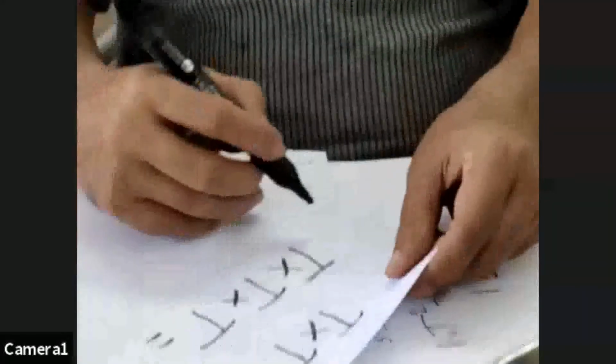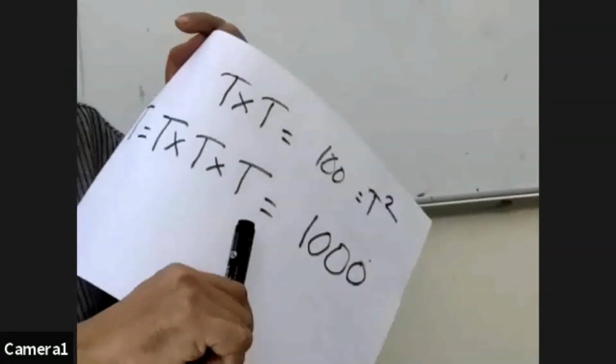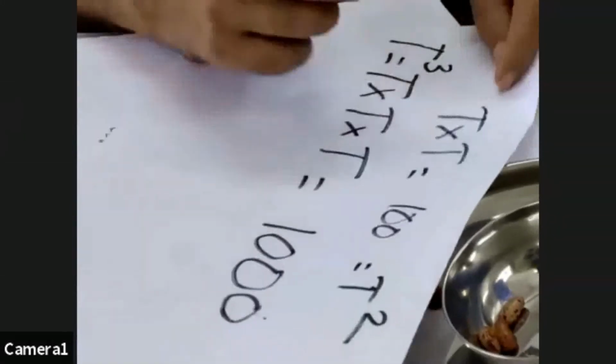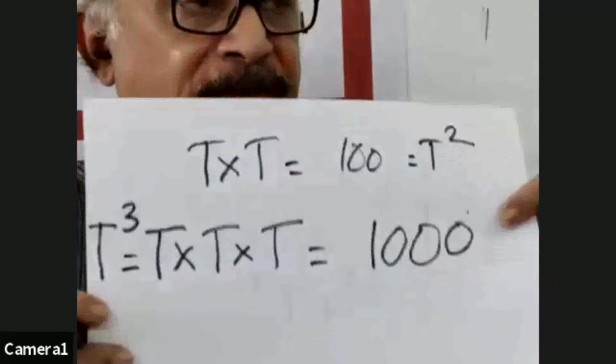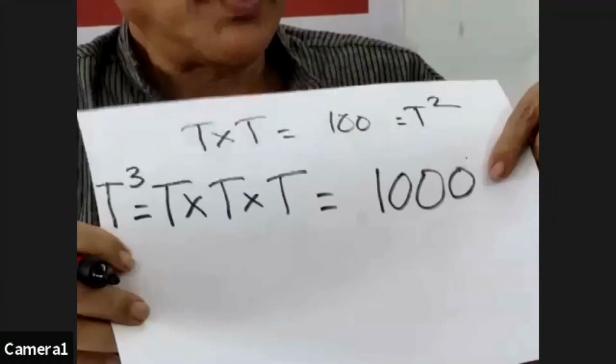And if I write t into t as t squared, I can write t into t into t as t to the power of 3, t cubed. T cubed means t into t into t, which is 1,000.